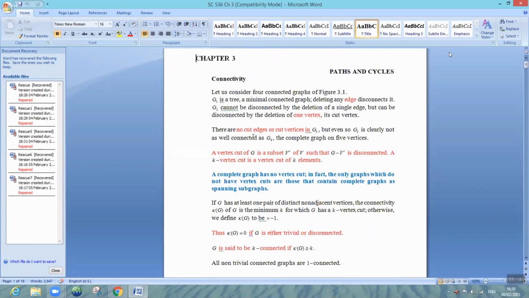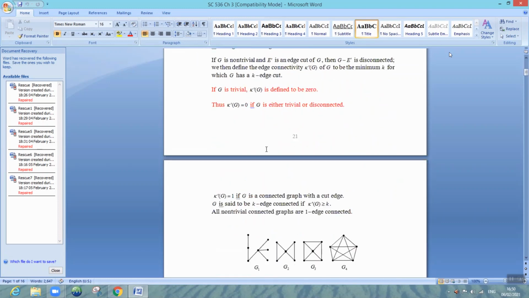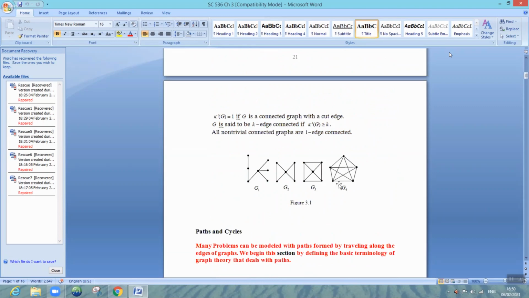So there are no cut edges or cut vertices in G3, but even so, G3 is clearly not as well connected as G4. G4 is a complete graph. You can't disconnect this one by removing any number of vertices.